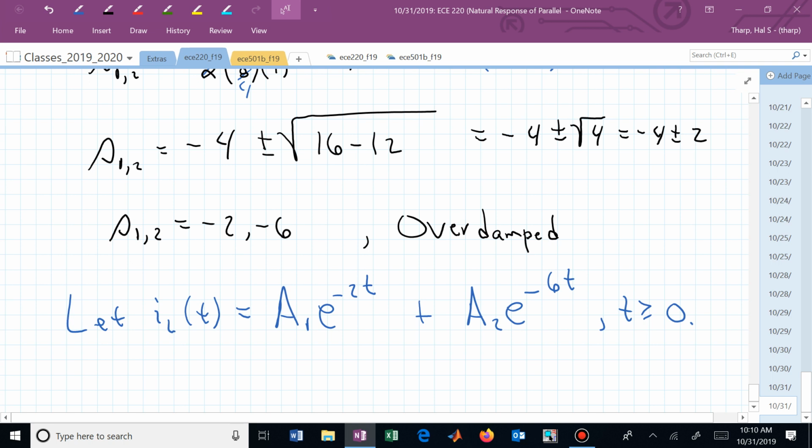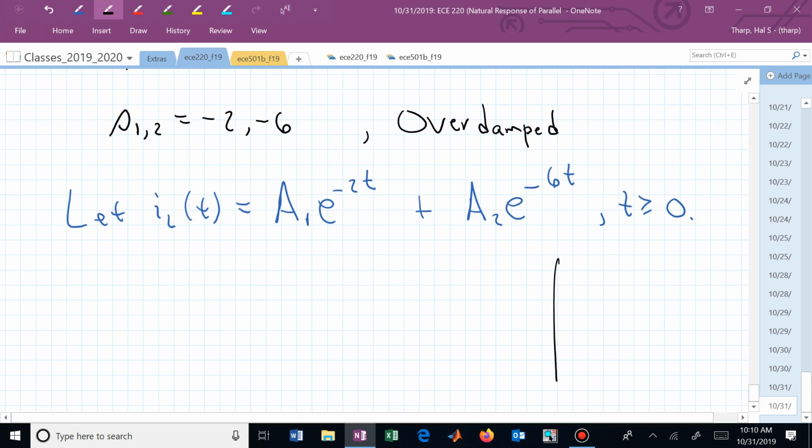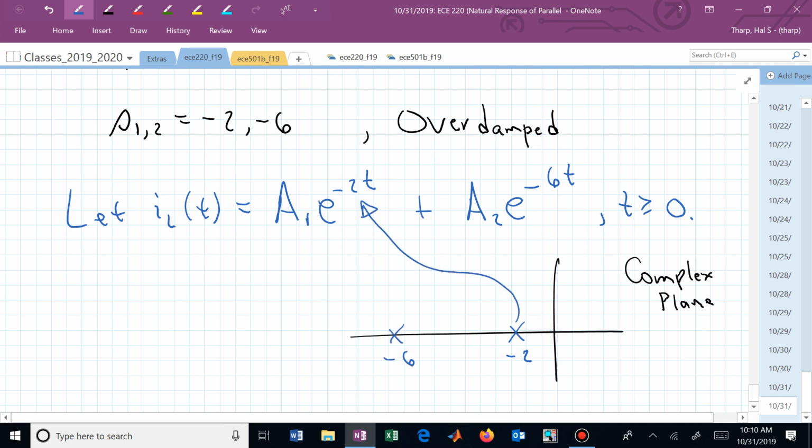Now we simply need to find a sub 1 and a sub 2. You could be thinking of this as, here's the complex plane. I'm going to call it the S plane because that's how we've labeled our values, but this is our complex plane. We now have one pole, or a root, at minus 2, and another one at minus 6.